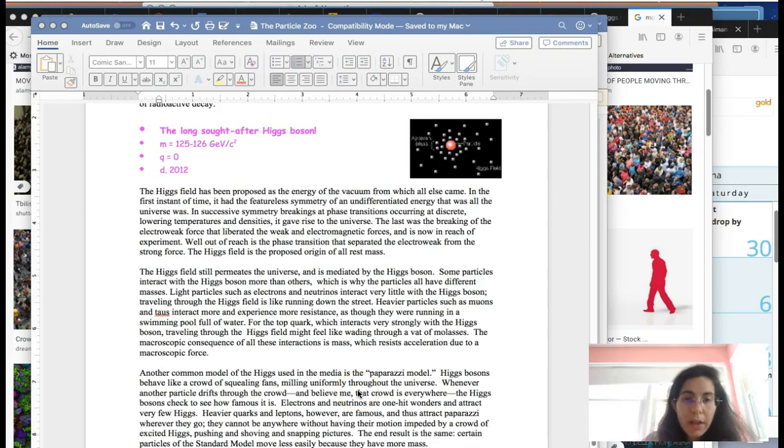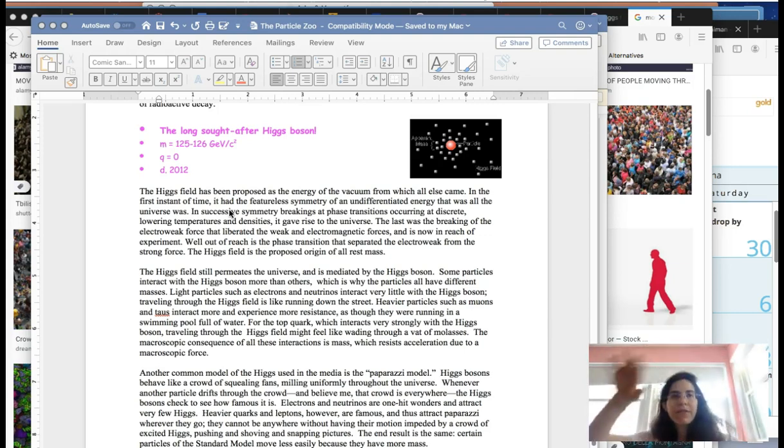So the end result is that certain particles have no inertia, they move through the crowd effortlessly, or little inertia, hardly anybody knows who they are, or very, very high inertia, that is, they collect a lot of Higgs bosons and have to fight their way through the universe under police escort. They are hard to start moving, and once they start, they're hard to stop moving.